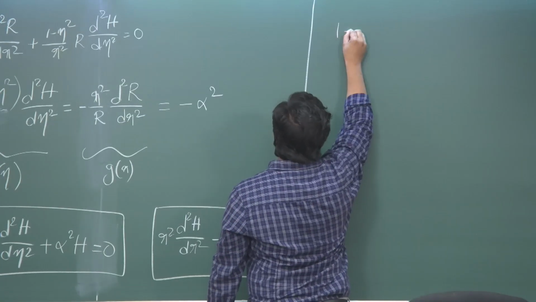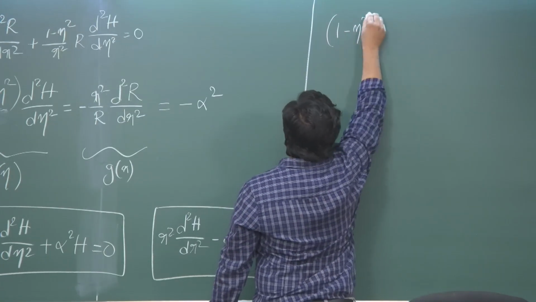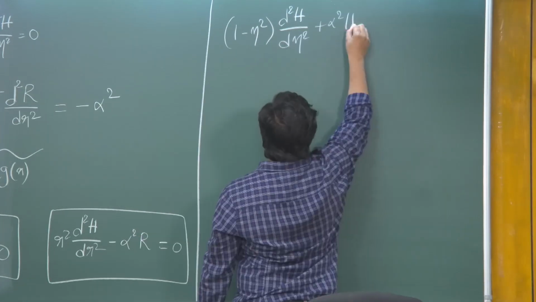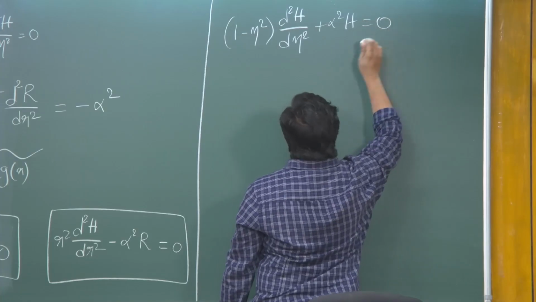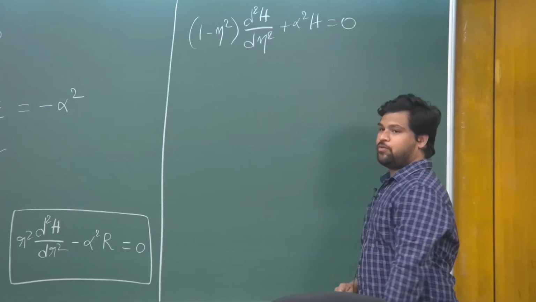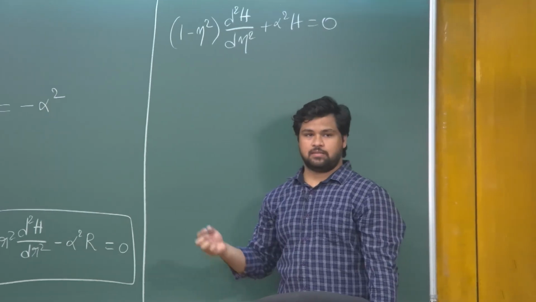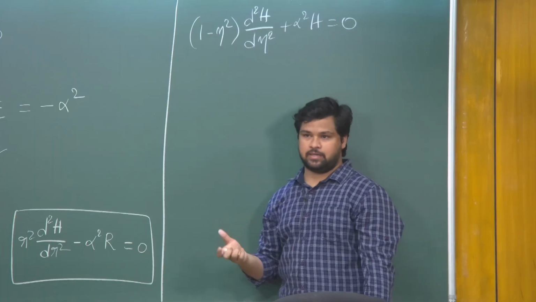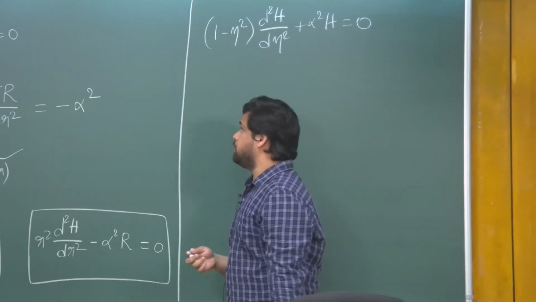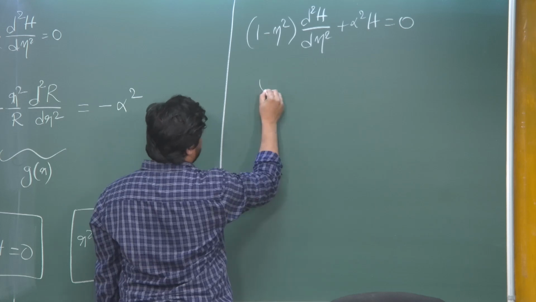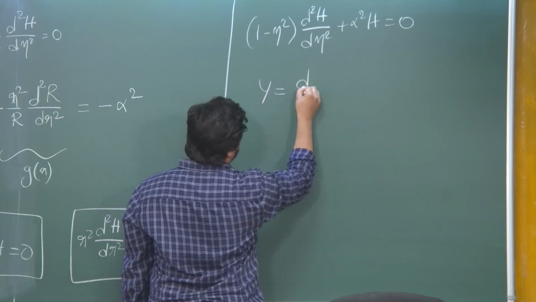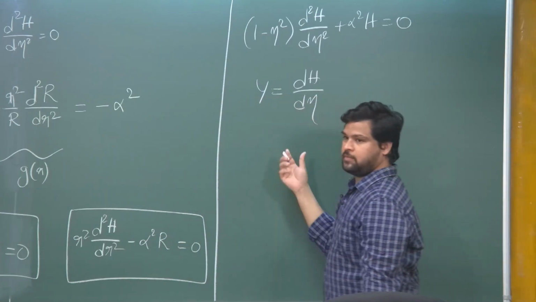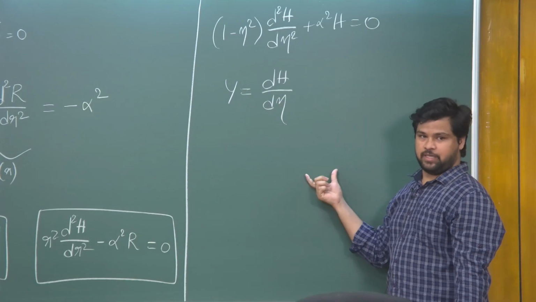I want to take a small transformation such that this equation becomes a known equation, which is called the Legendre polynomial equation. To do that, I am taking a substitution y equal to dH by d eta. This is the transformation I am taking.